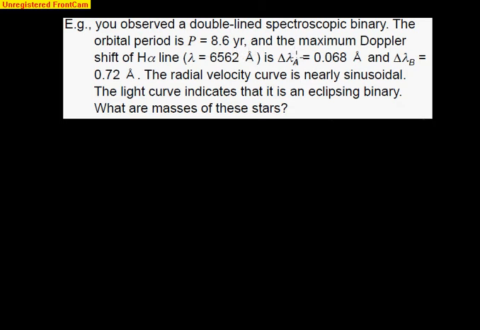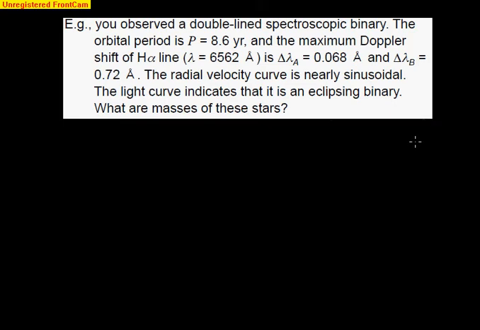The shift for star A is 0.068 angstroms, and the shift in the wavelength for B is equal to 0.72 angstroms. The radial velocity curve is nearly sinusoidal. This is our hint that we can get rid of our sine i term. The light curve indicates that it is an eclipsing binary.